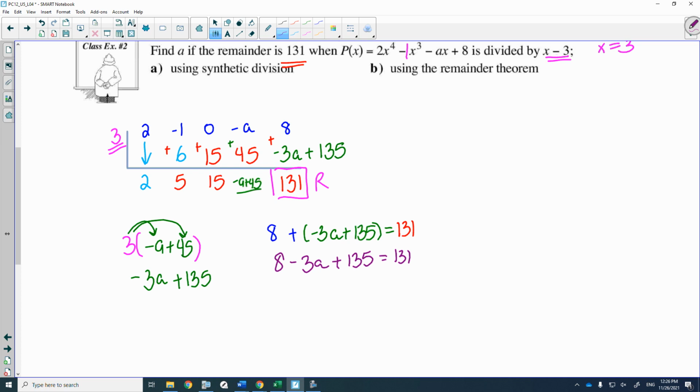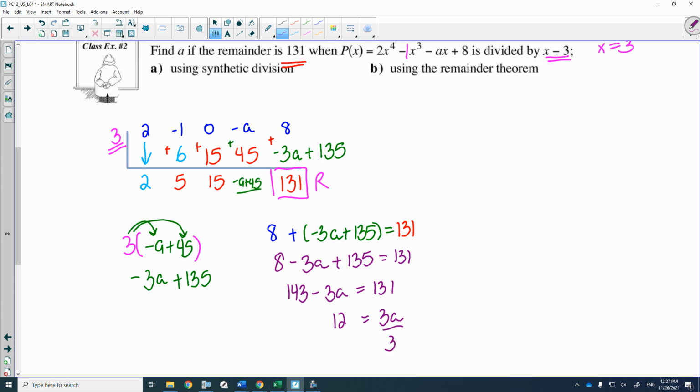From here, I would have 8 plus 135 is 143, minus 3a is equal to 131. If I make my a positive by bringing it to the right-hand side, I'd have 3a. Bring that 131 to the left-hand side, and you will have 12.